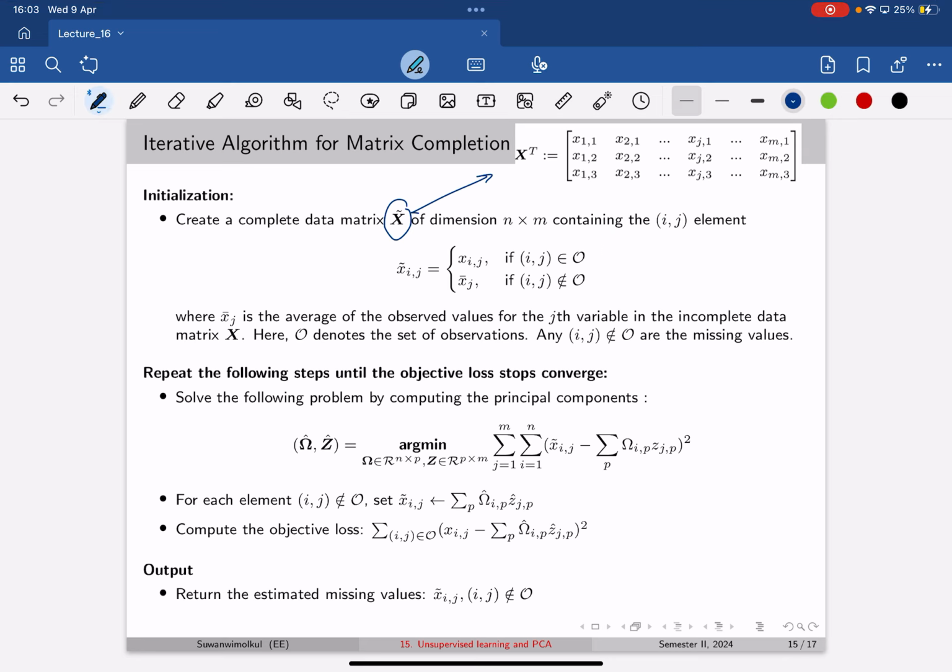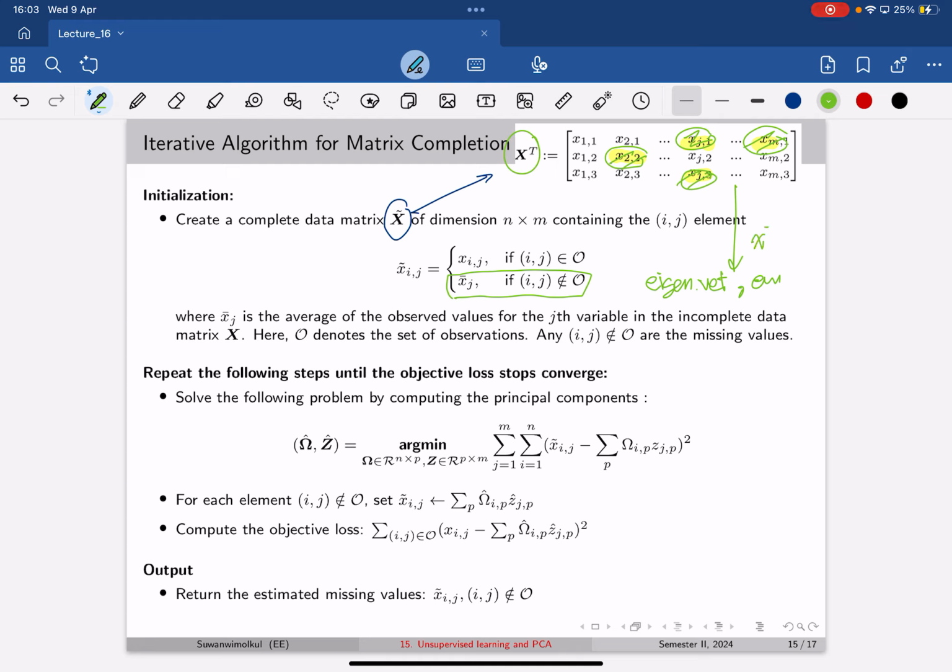Because our X tilde contains some missing value, we cannot really use the eigenvector, eigenvalue decomposition. But in this iterative algorithm, they will first interpolate some value in this missing value with the average value along the feature dimension. After they interpolate this value, they will start to decompose the eigenvector and eigenvalue from this X.